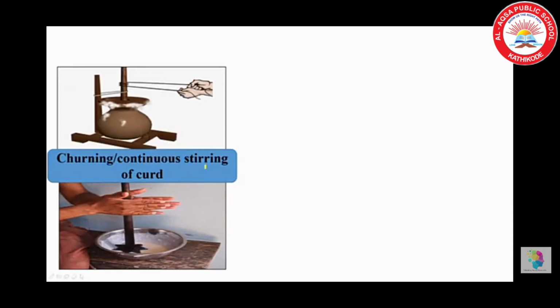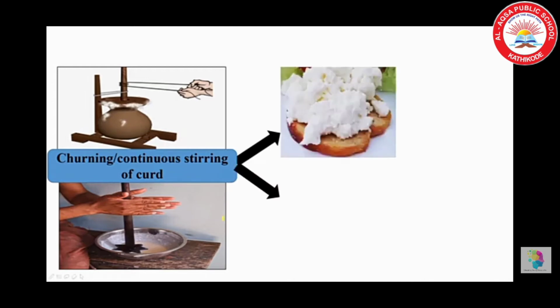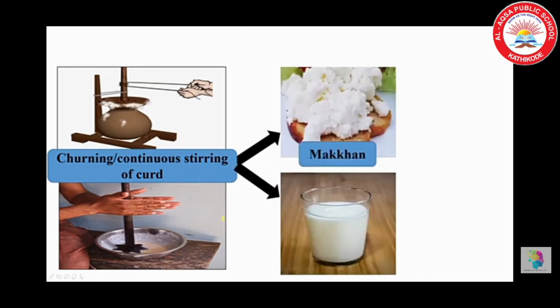The second one is churning or continuous stirring of curd. Actually this one we are doing, that is continuously stirring of curd to separate two components. The first component is butter and the second component is buttermilk.